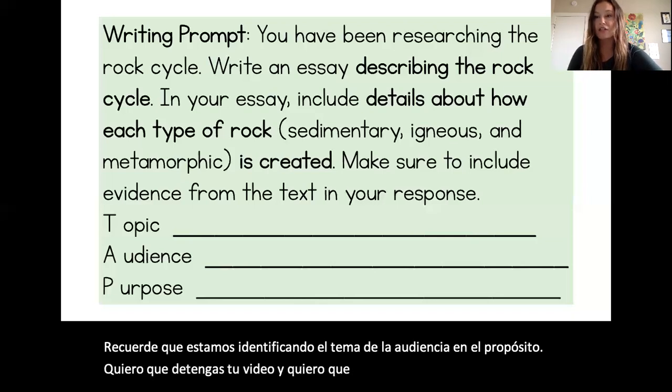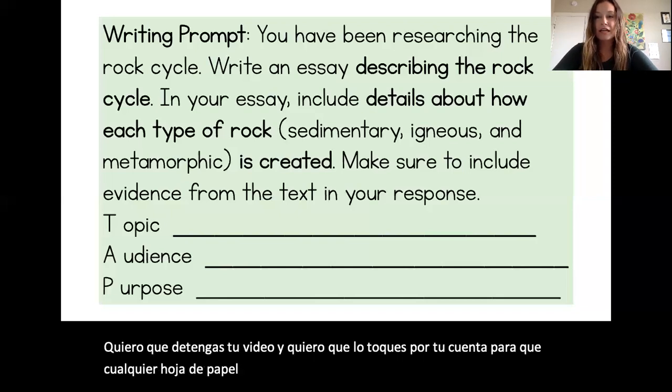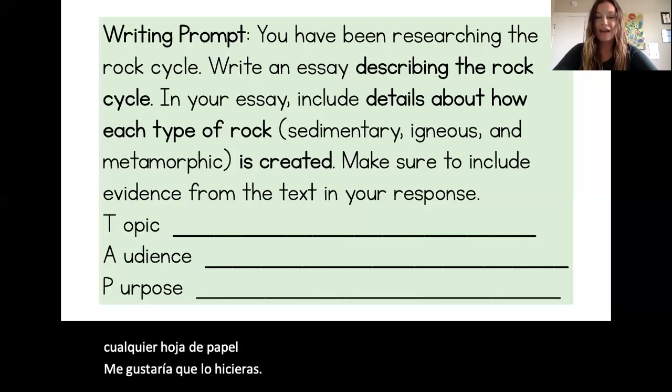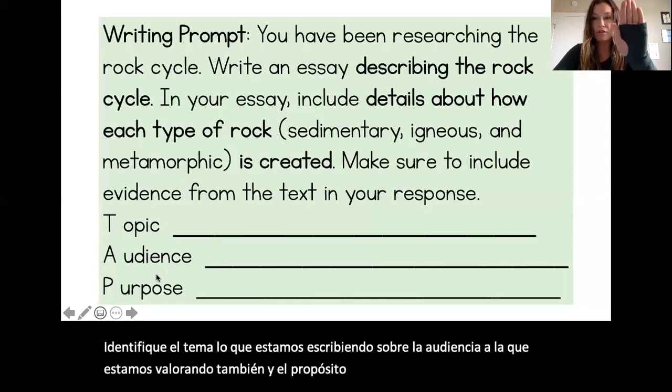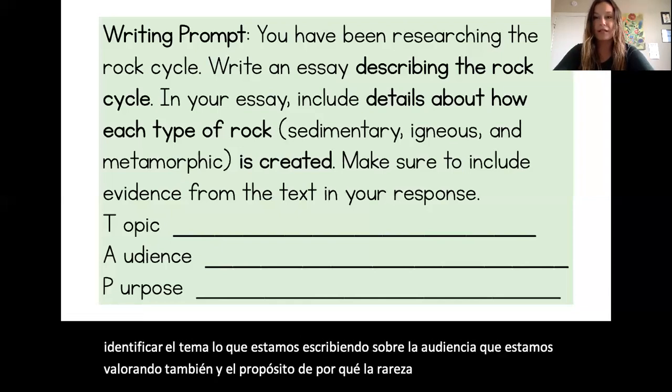So on any sheet of paper, I would like you to identify the topic, what we are writing about, the audience, who we are writing to, and the purpose, why we are writing. So go ahead and pause your video and do that, please.